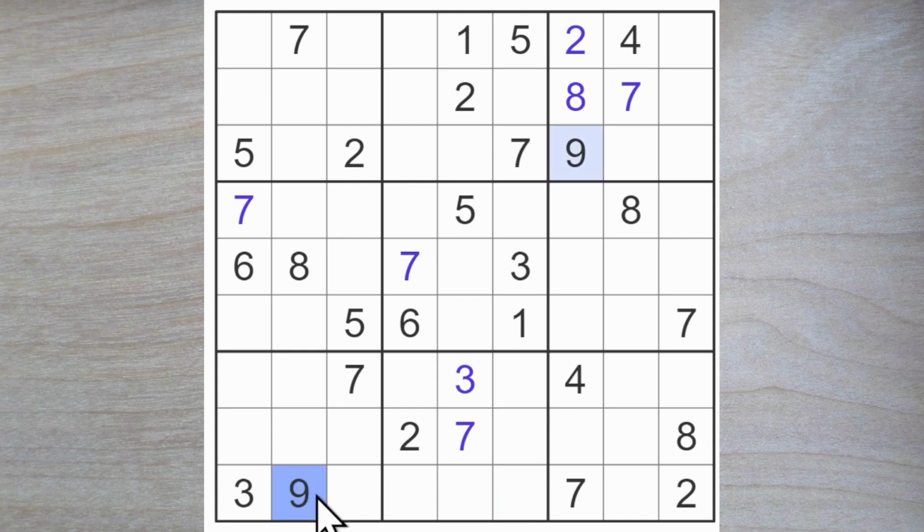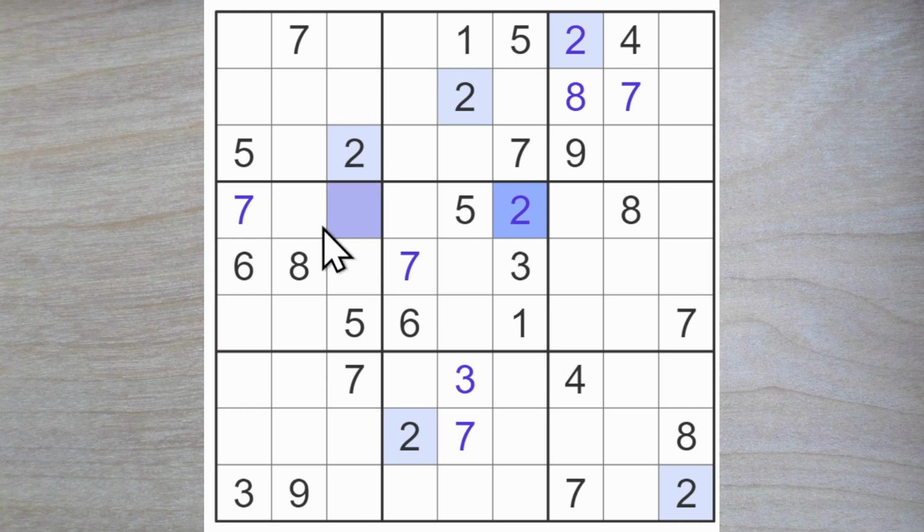We also know that this 9 blocks across, and these are 1, 5, so our 9 is restricted to either of these 2 squares. So while I'm thinking about restrictions for column 6, I'm noticing this 2 blocking here, this 2 blocking here, here and here, and therefore it's clear that this must be a 2.